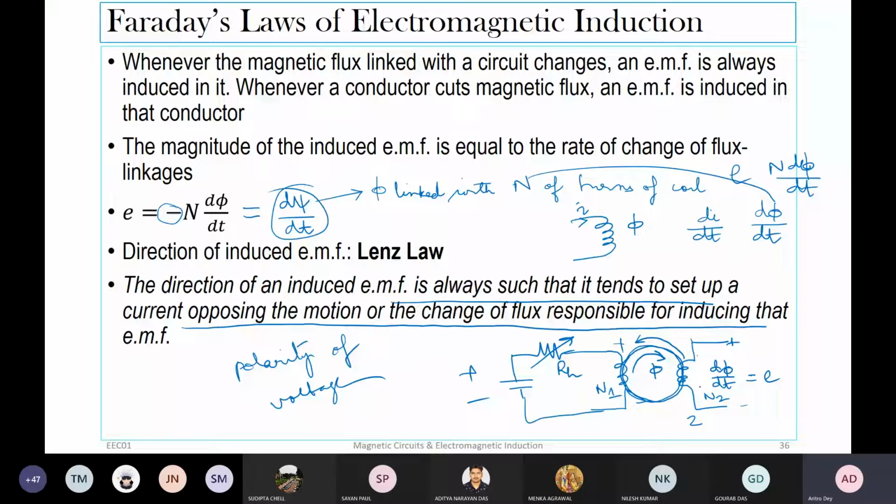If we close it with another resistance, current will be produced through this coil, isn't it? And the EMF induced in this coil will be dψ/dt, that is, n2 if the number of coil turns is n2.